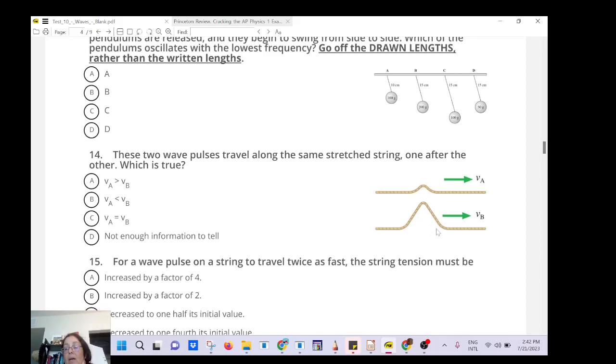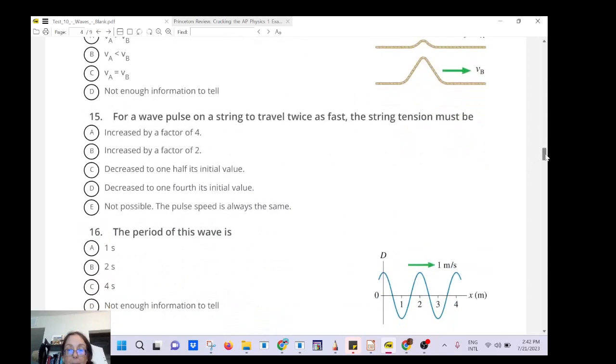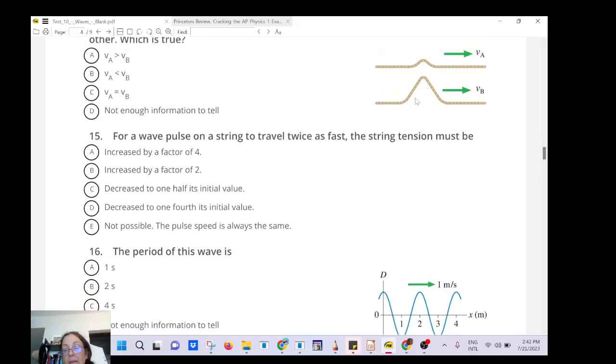You can pause the video, but we don't have enough information, because the speed of a pulse or a wave on a rope only depends on the tension, which is the restoring force, and the mass per unit length. It doesn't depend on the amplitude. The amplitude has to do with the energy that the wave will carry with it.